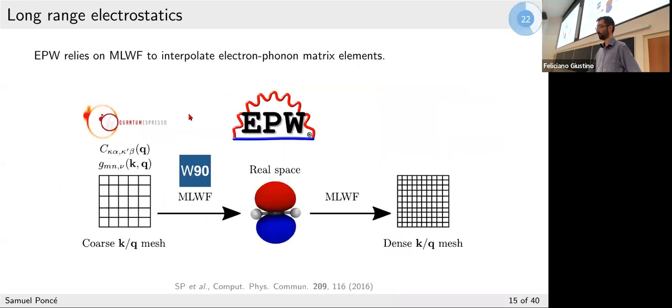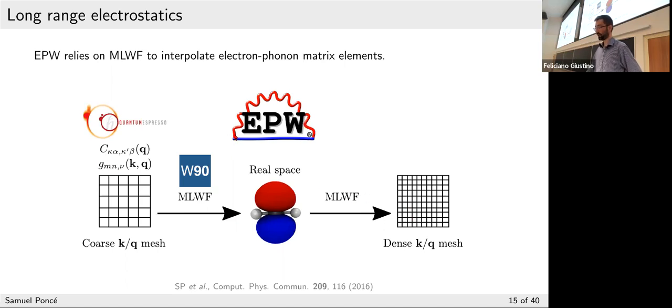And so the approach that we've been taking is to use the EPW code. We compute quantities on a coarse grid, such as the electron-phonon matrix element, but also the dynamical matrices and so on. And then we Fourier transform them into real space using the Wannier90 software to be maximally localized. And when we are localized, we can then do a Fourier interpolation of those matrix elements on very, very dense meshes.